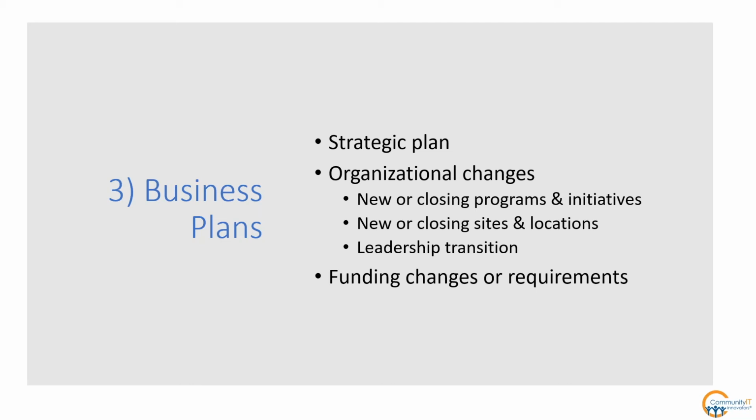And if your organization is not used to dealing with HIPAA compliance, but they're going to get a grant that has the organization working with health information, patient data, you're going to need to start thinking about how you're going to manage the HIPAA compliance. So talking to the program areas and understanding what they're going after in the coming year or coming years, if possible, can have a big impact on the budget.